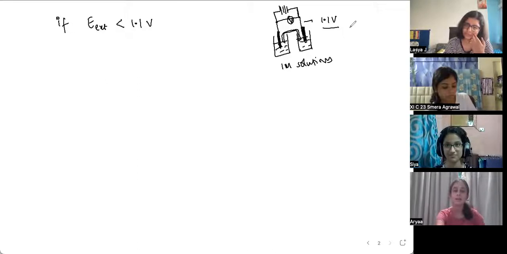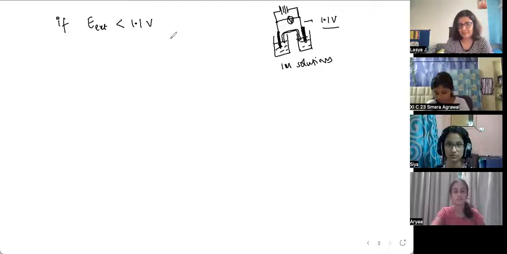What was that part where if you apply less than 1.1, then it goes from zinc to copper? No, that is for more than 1.1. So if you apply less than 1.1, the same reaction will continue. It'll just happen to a lesser extent. But essentially, the same half reactions will happen. And at equal, no reaction.